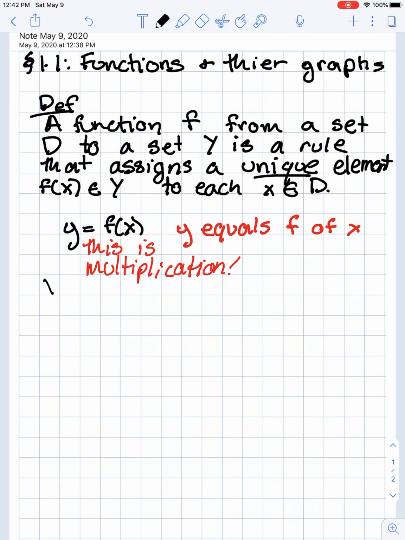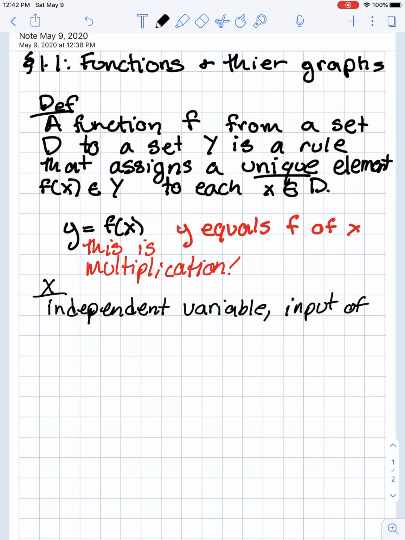So in a lot of different scenarios, we can call x our independent variable. You might spell a lot of things wrong. I'm not getting a PhD in English. We also call it our input of f. And y we can call our dependent variable.